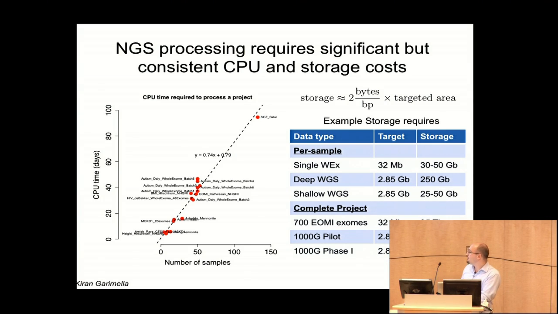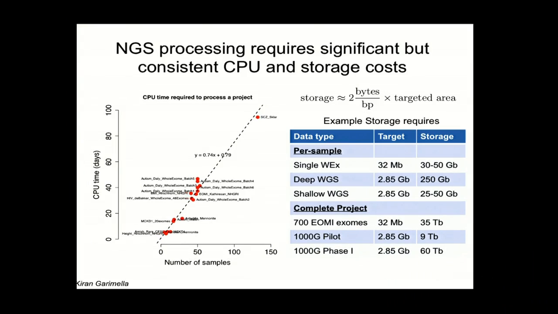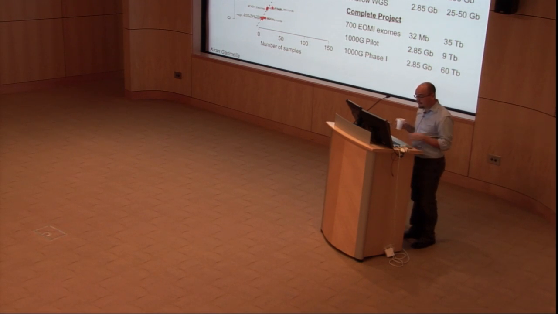The exomes from ESP are 700 exomes. That's a 35 terabyte data set. The 1,000 Genomes phase 1 data is whole genome shallow at 60 terabytes. So when you're thinking about next-gen sequencing, you really want to think about, well, I need a lot of CPUs and I need a lot of storage. And this isn't cheap storage. This is high performance, very highly parallelized disk, because you're going to do calculations on that 60 terabytes. It's not archival. It's not like we can put them on DVDs and just write them away.